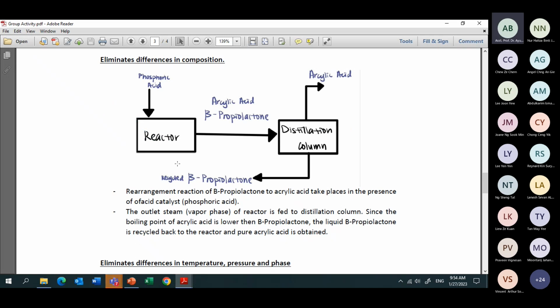Okay, eliminate differences in composition. Outlet stream vapor phase is fed to the distillation column, since the boiling point is lower than the liquid.